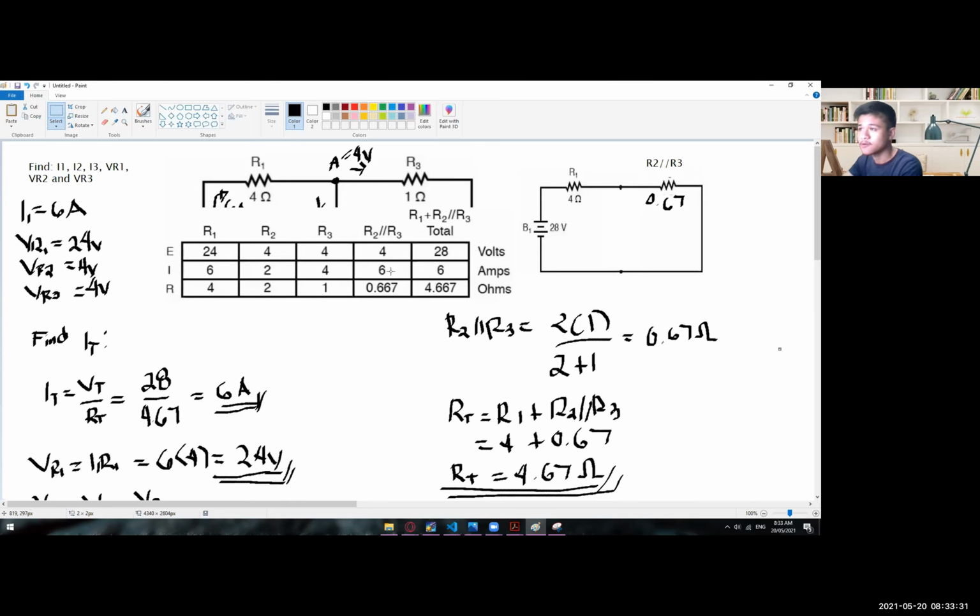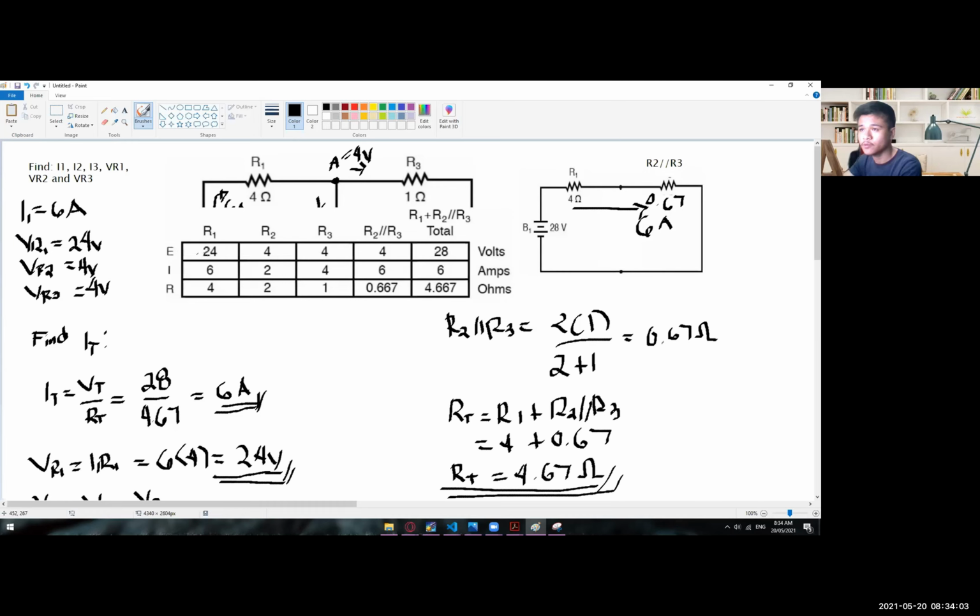Once we have combined them, we are now in series connection, so we also have 6 amps in total: 6 amps for the R1, and 6 amps for the R2 and R3. If you separate those, we have 2 amps for the 2 ohms, and 4 amps for the 1 ohm. So that's it for the current.